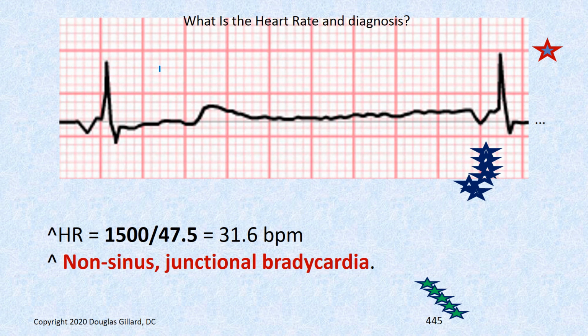Did I mess up? 5, 10, 15, 20, 25, 30, 35, 40, 45. No, I messed up down there. It looks like just 1. Because it started 1 late, that would be 46, maybe 47. So I'll give it 47. But anyway, it's low, right? 31.6 beats per minute. It's under 40, as I said before.